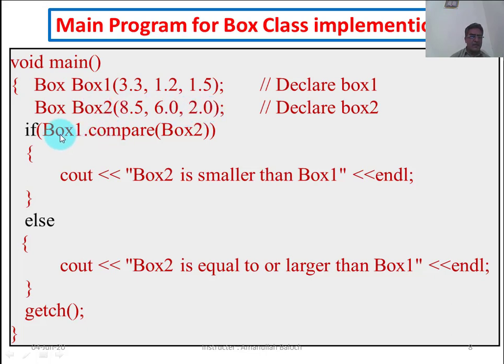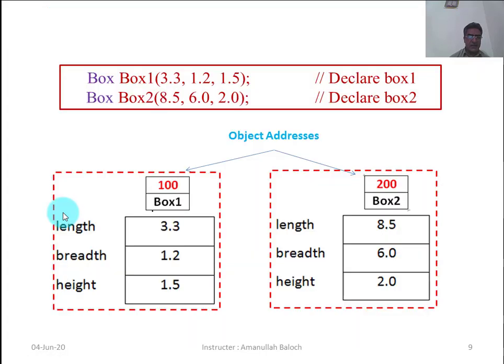And here box 1 is calling the compare function, and box 2 is going to be passed to that function. So the compare function will have the values of two box objects, box 1 and box 2, and it will return the value true or false. What will happen, we will see in our later slides.